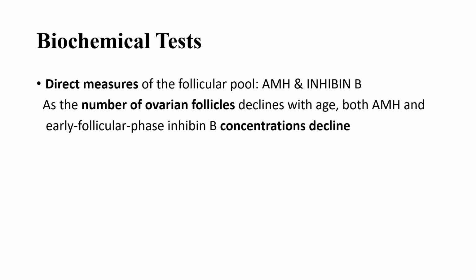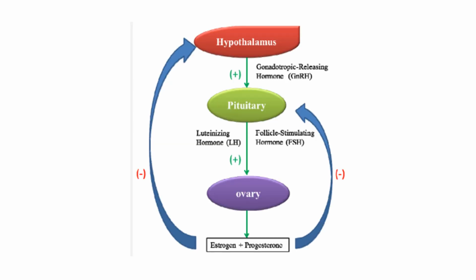Indirect measure of ovarian reserve. Let's first discuss the concept behind this. This is the hypothalamus, pituitary and ovarian axis. The hypothalamus will secrete GnRH, the pituitary will secrete FSH and LH, leading the ovary to secrete estrogen and progesterone.